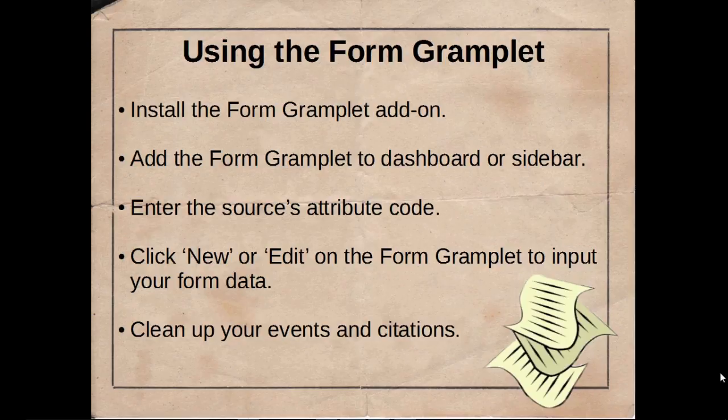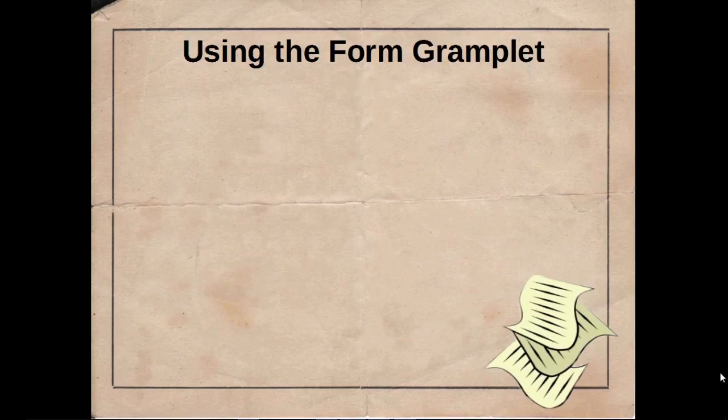You'll see what I mean. Okay, we're going to click New or Edit on the forms Gramplet to input our data. And after our data is all inputted, we will clean up our events and citations and then marvel at all of our wonderful work. Okay, let's get started using the forms Gramplet.